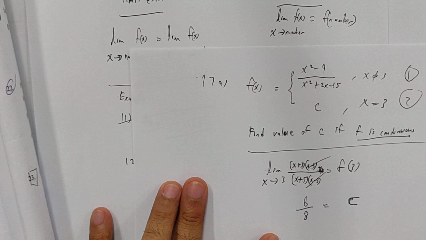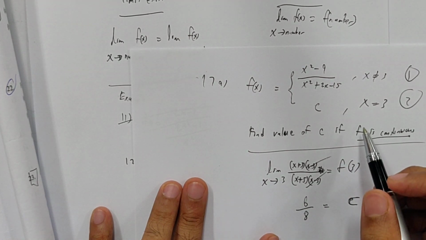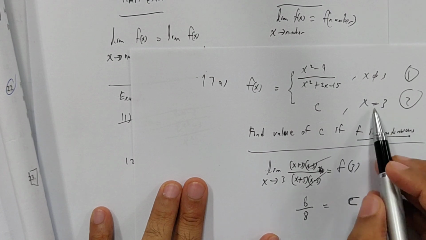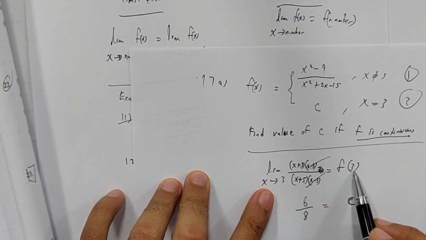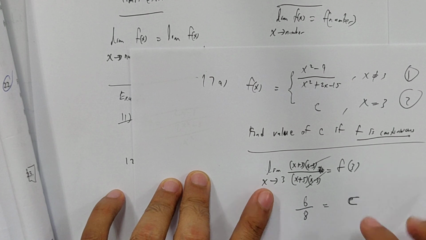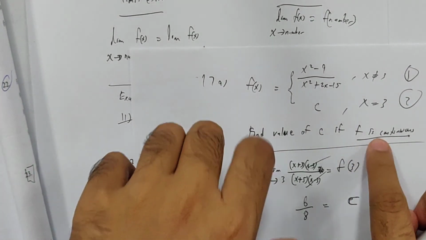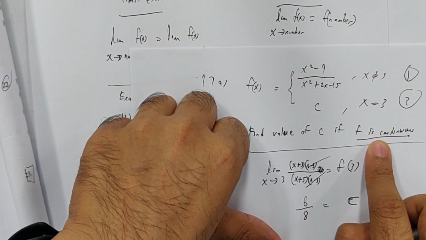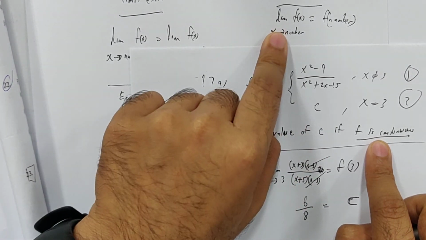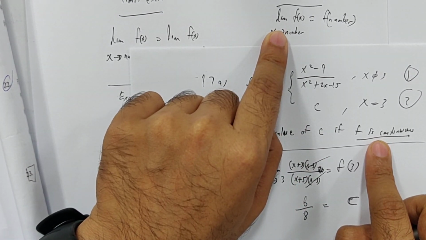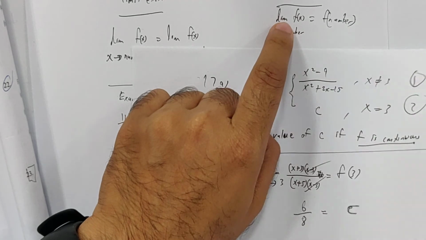Please raise your hand. Which part? Are you clear how I got this thing? Okay, since it's continuous, what do I do? I use this formula. Are you okay with that one?